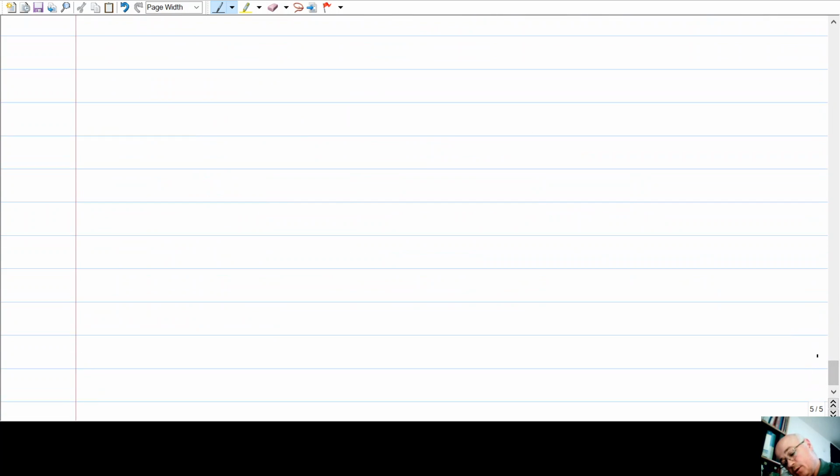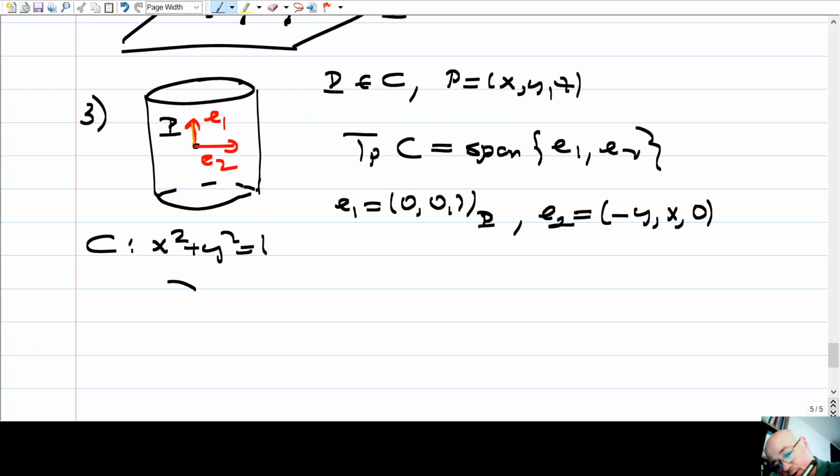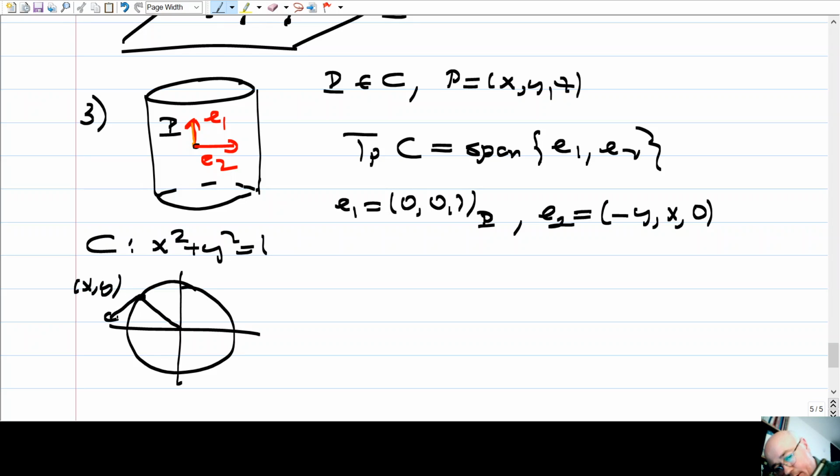How can you see this? Well, you can just consider this. If you are at this point on the circle, let's say x, y, the tangent vector here has to be perpendicular to this one, so it should be minus y, x. Why is this?